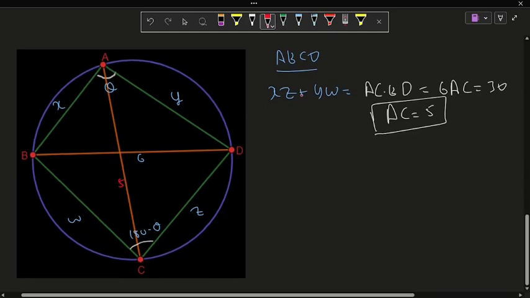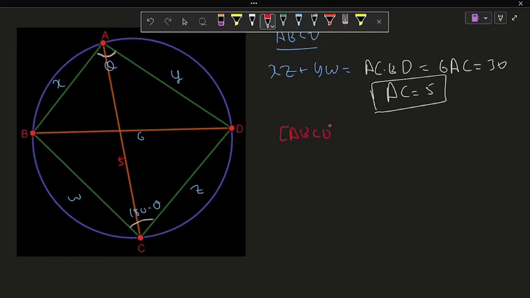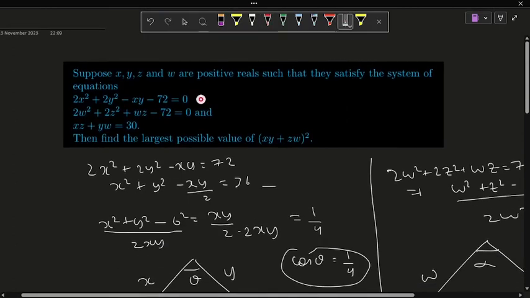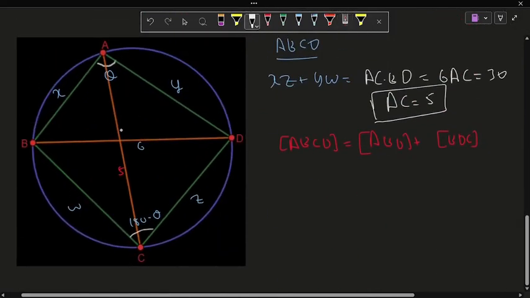And now we are going to do the area stuff like we did in our previous video. So let me write the area of quadrilateral ABCD as the area of triangle ABD plus area of triangle BDC. And for those who didn't notice, since we are asked the largest possible value, we will consider this intersection angle as 90 degrees.